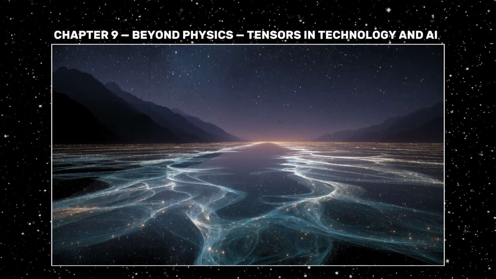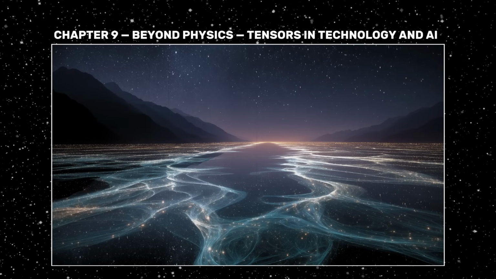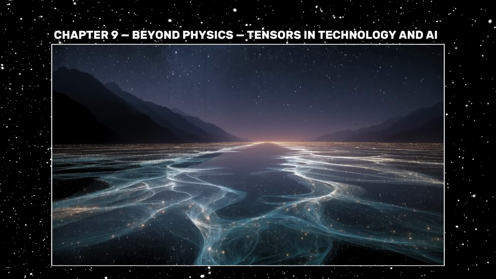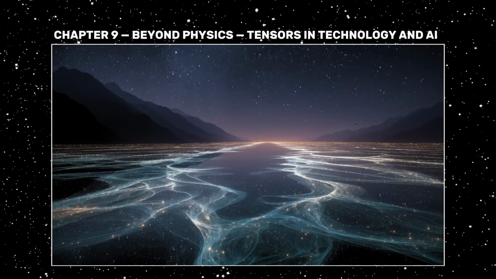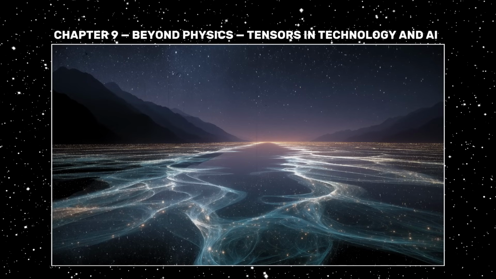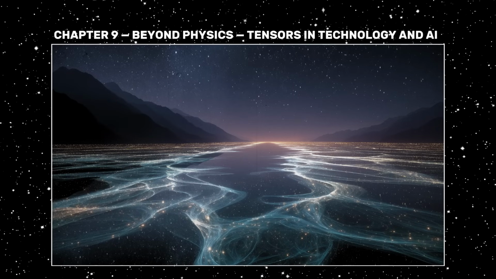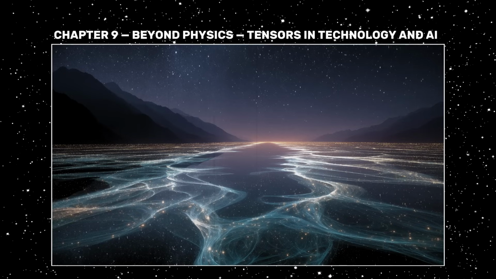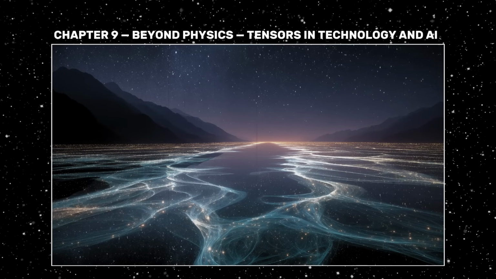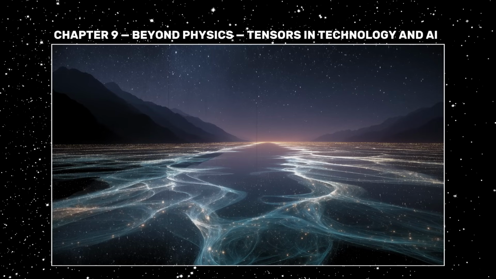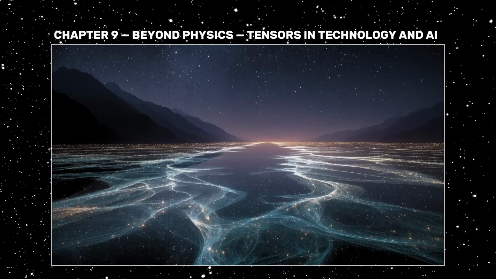They remind us that knowledge is not compartmentalized but woven, and that the language of the cosmos is also the language of our machines. To understand tensors is to glimpse the unity of understanding itself, the recognition that the patterns that govern galaxies also govern data, and that in both cases, the grammar of reality is written in the quiet, enduring form of tensors.